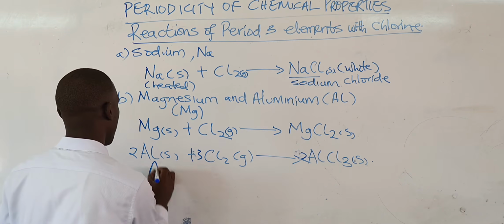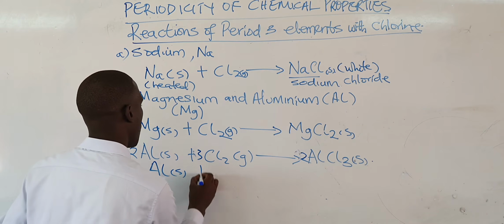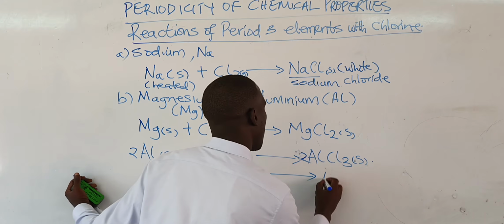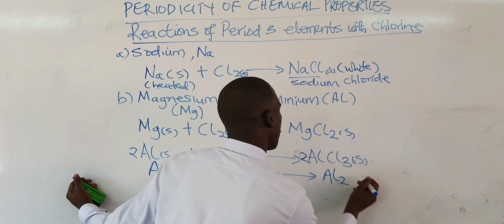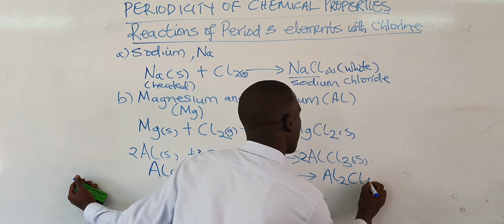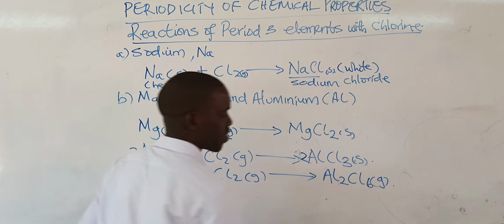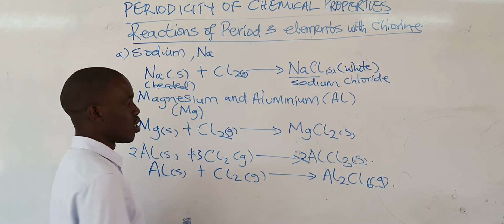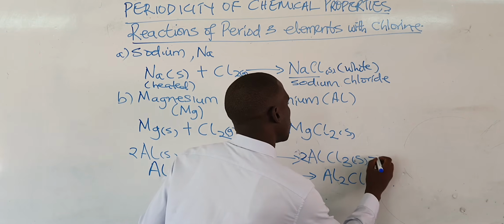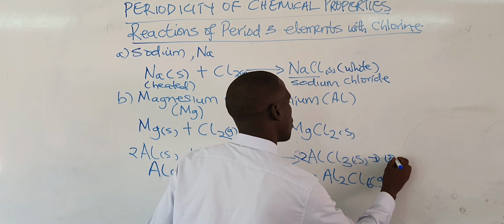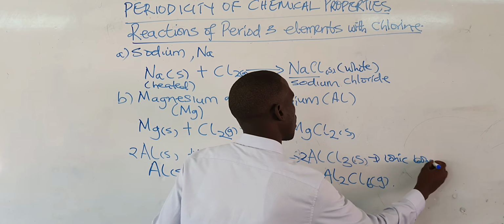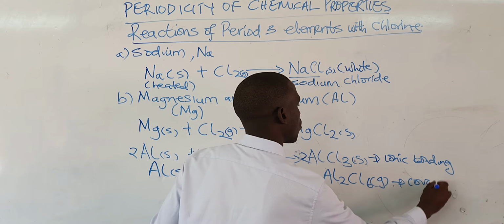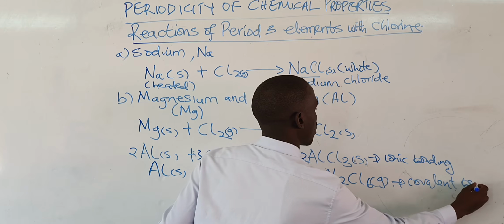So we have Al and chlorine forming a dimer of aluminium chloride, Al2Cl6, which is a gas. The aluminium chloride formed here is through ionic bonding, and this one is covalent bonding.